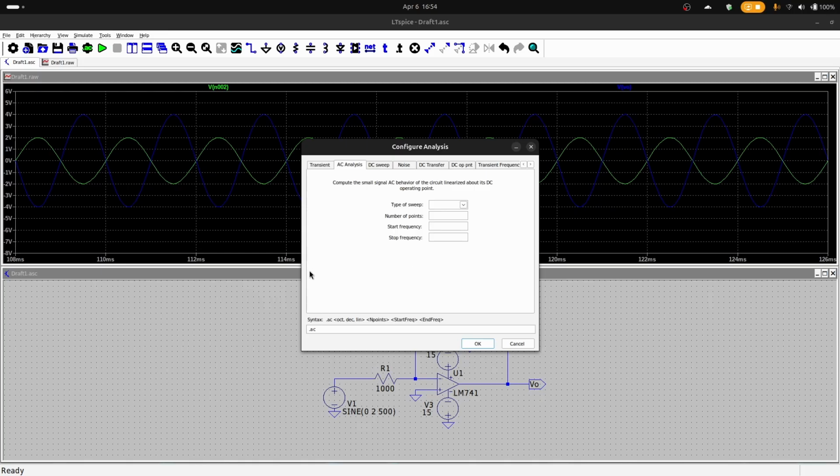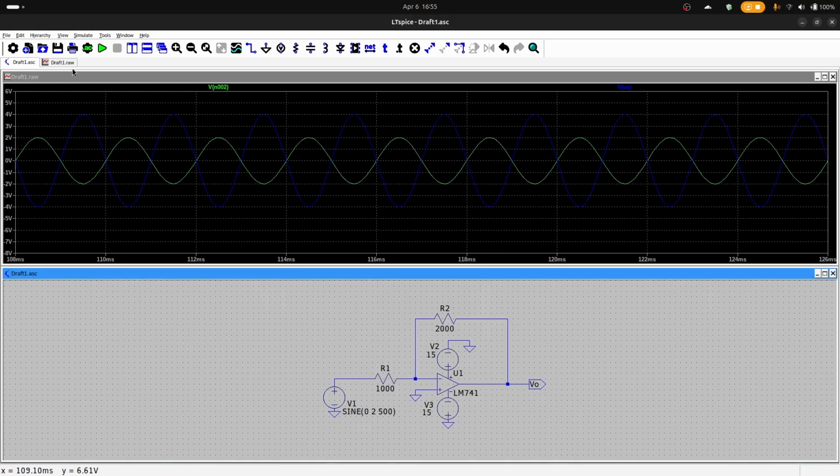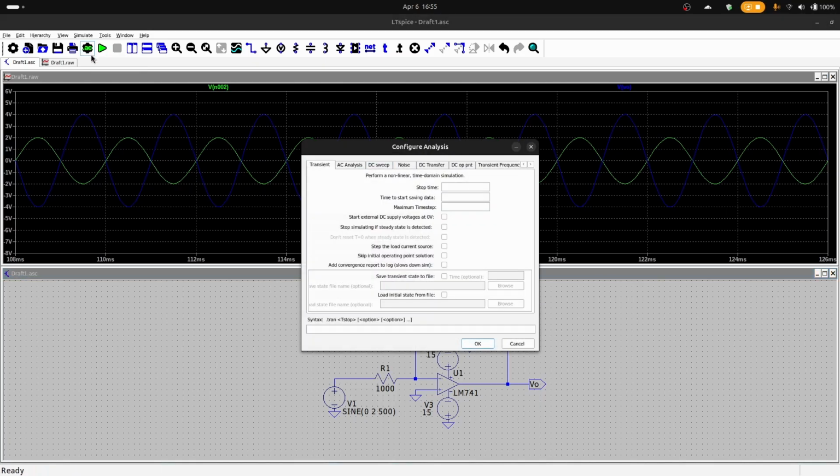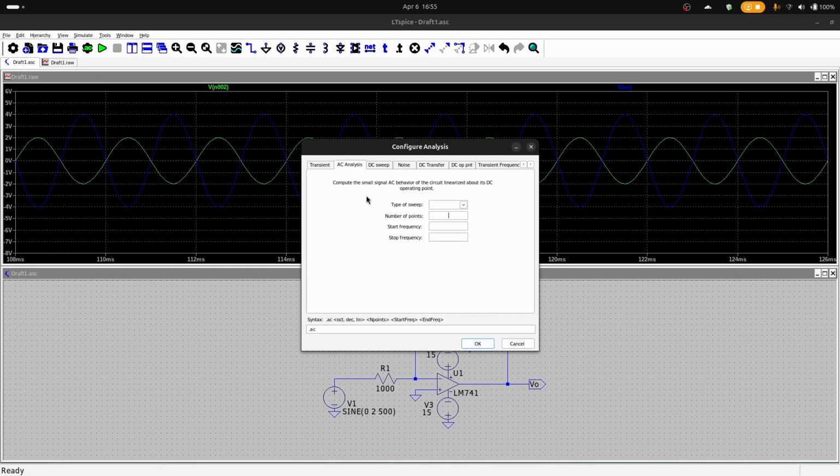So now we have to do the AC analysis. You have to first go to this configure analysis option and then select AC analysis.